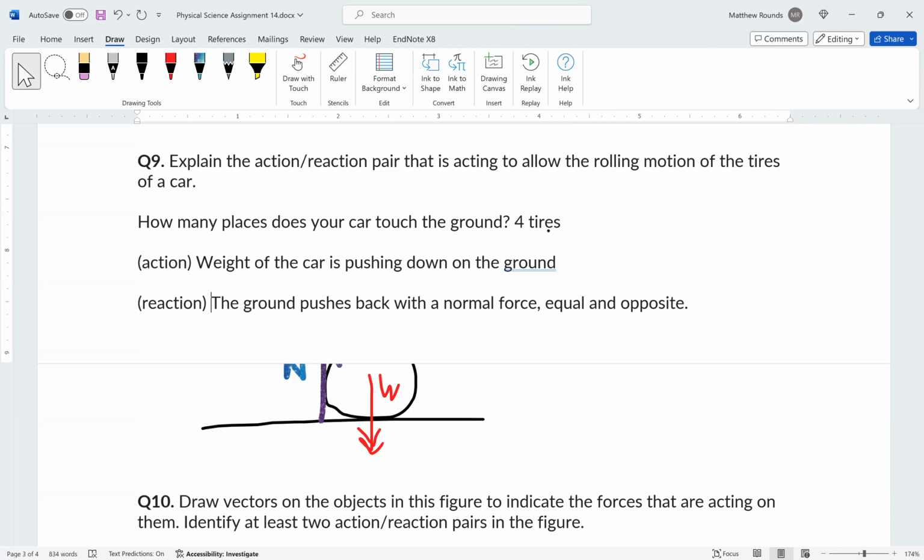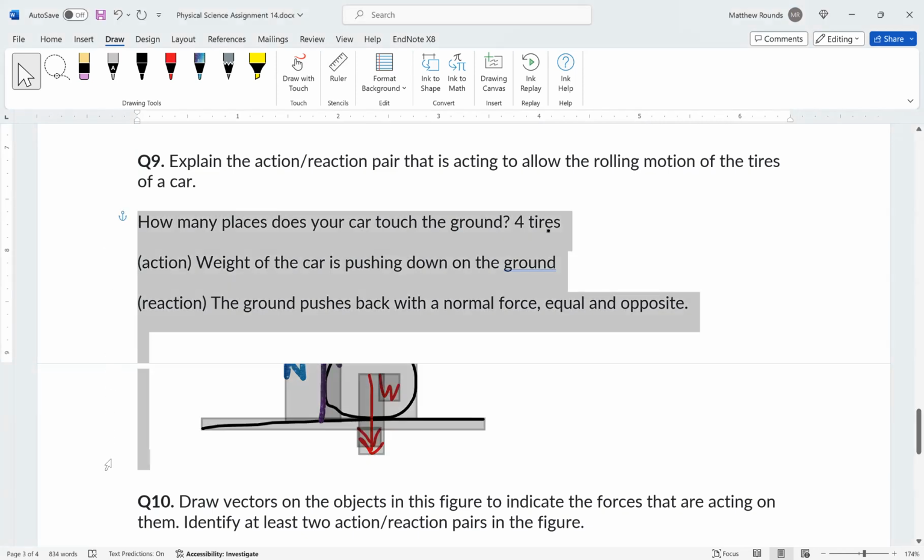All right, here's what I wrote. Take a look. The car pushes on the ground. The action is the weight of the car pushing down on the ground. The reaction is the ground pushes back, with force equal and opposite. Good. Even if you don't understand that, you definitely said that really well. Do you want to include the drawing?